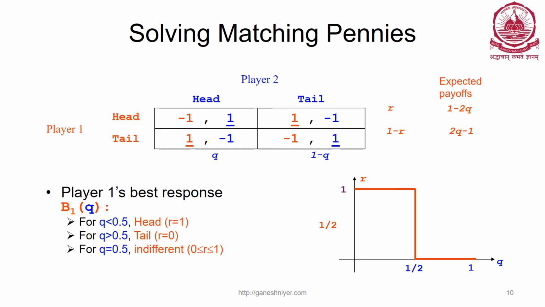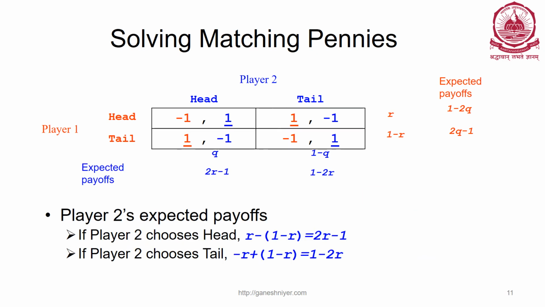Calculate expected payoff, best response, and then plot it on a graph. Okay. So you can similarly calculate the value. Player 2, if he chooses head, it will be 1 times R plus minus 1 times 1 minus R. So 2R minus 1. And tail is minus 1 times R plus 1 times 1 minus R, which is 1 minus 2R. So that is expected payoff.